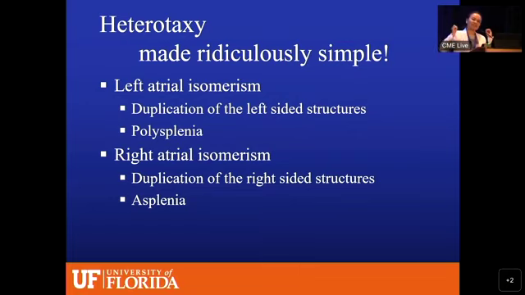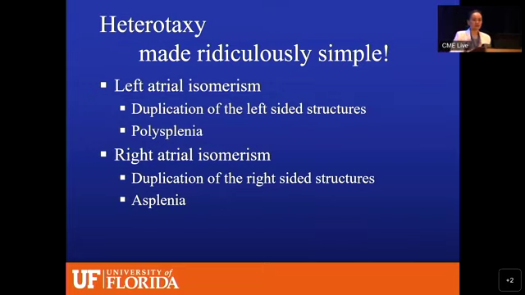Why don't you just say it all? And this patient has it all. But when I found out that it is just a duplication of one side or the other, it all made sense. So left atrial isomerism is a duplication of left-sided structures. Again, maybe too simplistic, but there's a method to this madness.